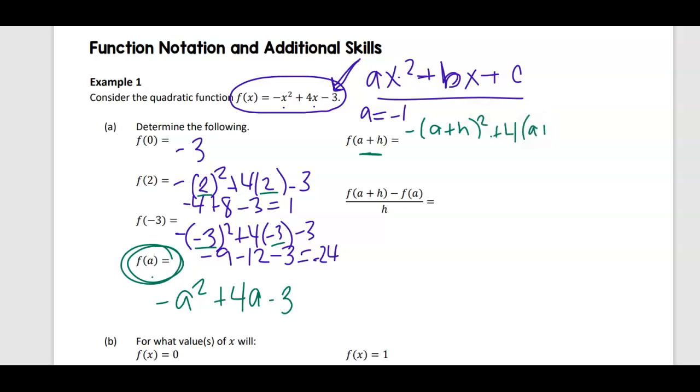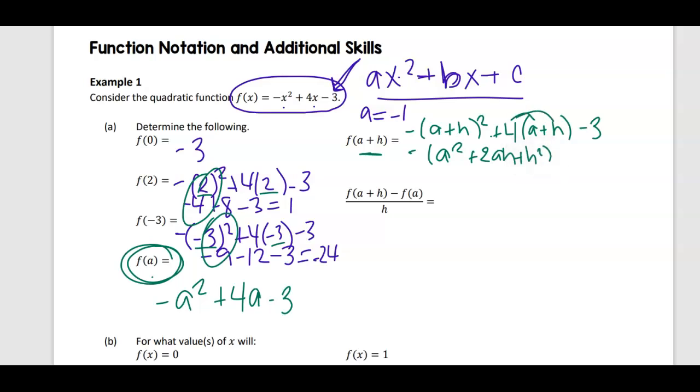In place of x, I'm going to plug in a plus h, and then minus 3. Just like I did with the numbers here, I'm going to square a plus h first. I'm going to have a -1 still on the outside, a squared plus 2ah plus h squared is that expansion.